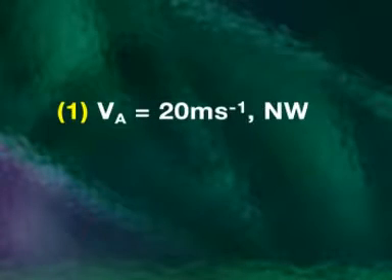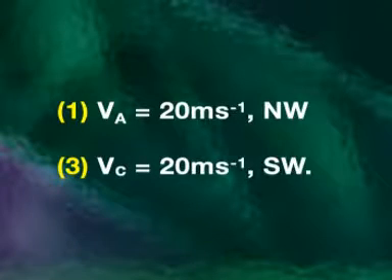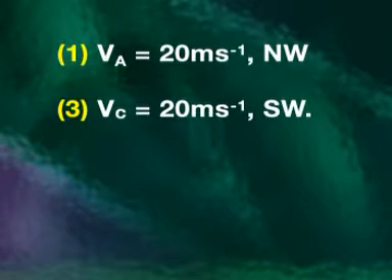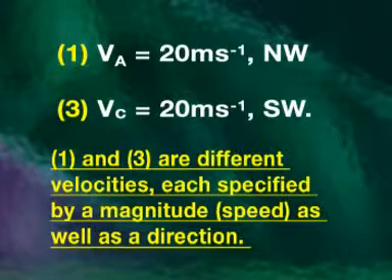Now let us consider another case. That is 1. Velocity A equals 20 meters per second northwest. And 3, velocity C equals 20 meters per second southwest. As explained earlier, 1 and 3 are different velocities, each specified by a magnitude, that is speed, as well as a direction.